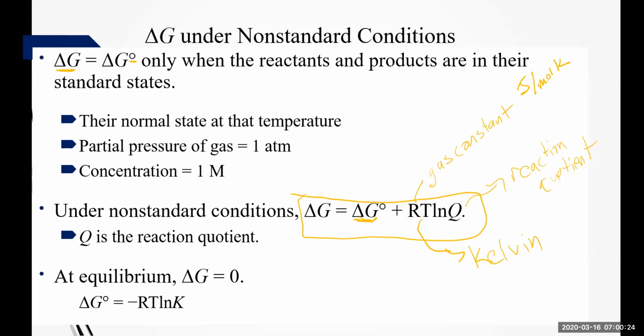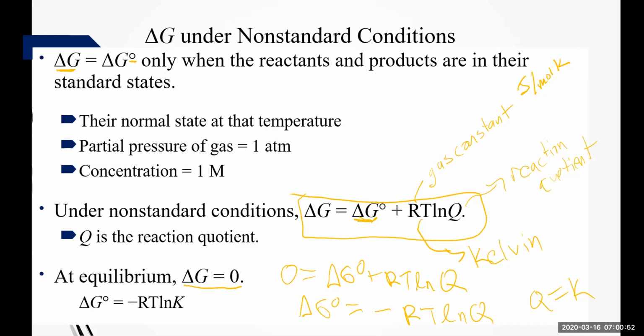Now we know that at equilibrium, delta G is equal to 0. So if we set this as 0 is equal to delta G naught plus RT ln Q, we can see that delta G naught is equal to negative RT ln Q, and Q is equal to K at equilibrium.